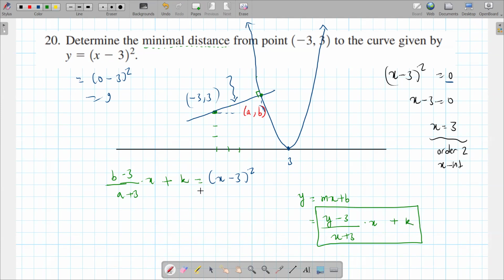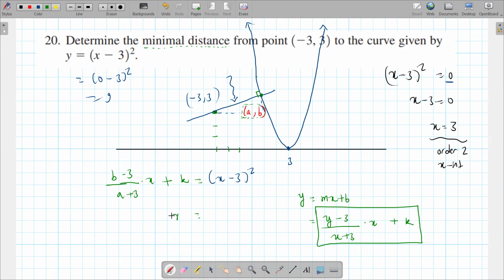What is the solution to this problem? What are we expecting to get as the final answer? Where does this line meet this curve? At which point? It's right here. AB, right?